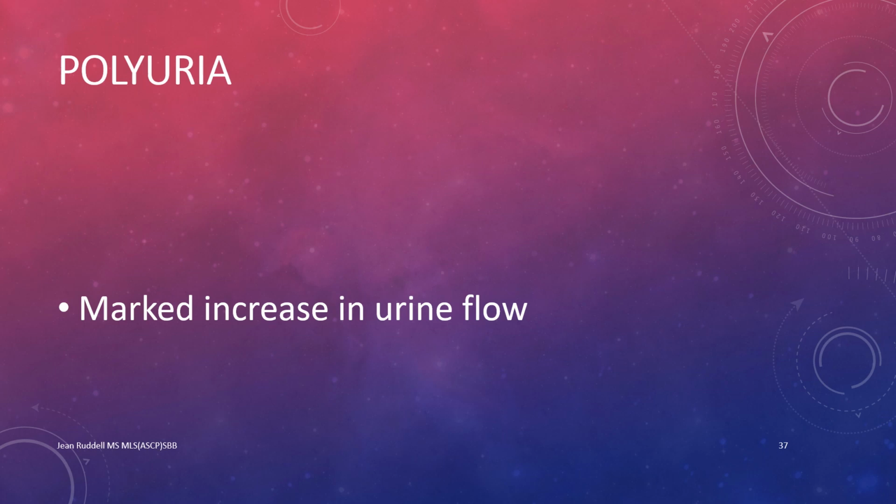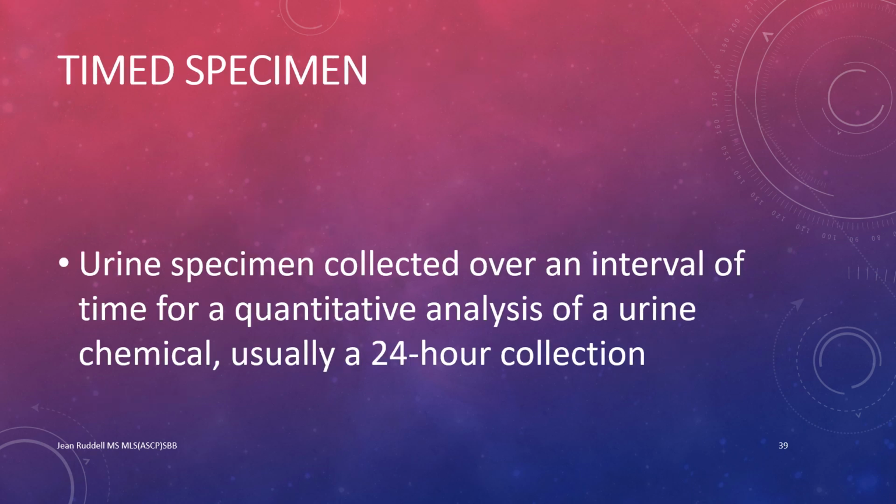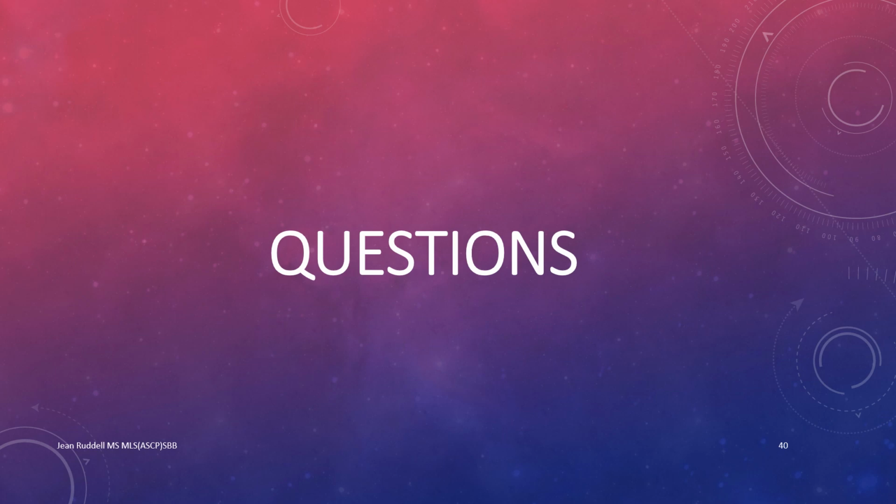Polyuria is a marked increase in urine flow. Suprapubic aspiration, the technique used to obtain sterile urine specimens for bacterial culture or cytologic examination, in which a sterile needle is introduced through the abdomen into the bladder. Timed specimen, urine specimen collected over an interval of time for a quantitative analysis of a urine chemical, usually a 24-hour collection.